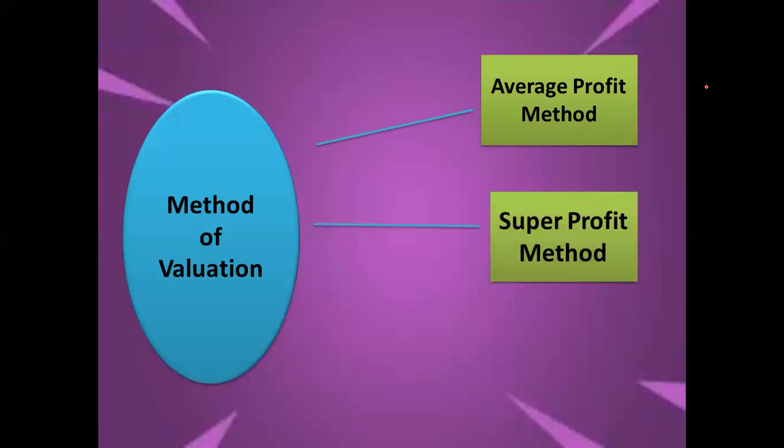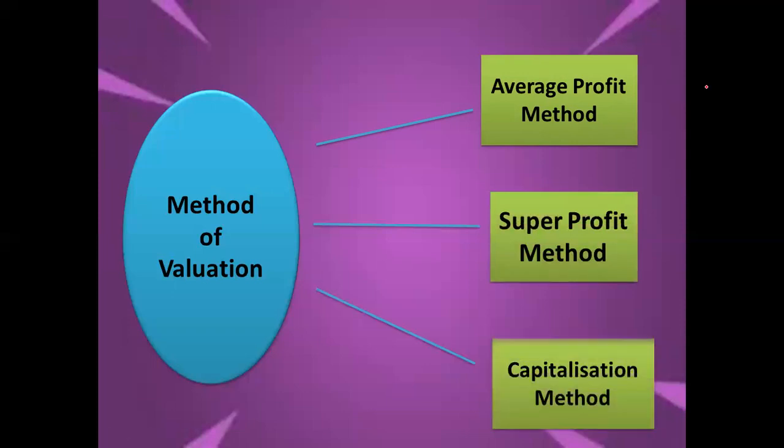Other is called super profit method, and the third method is called capitalization method. It may be capitalization of average profit or capitalization of super profit. We will be discussing these methods one by one. So in this class we will be discussing only the first method, that is average profit method.